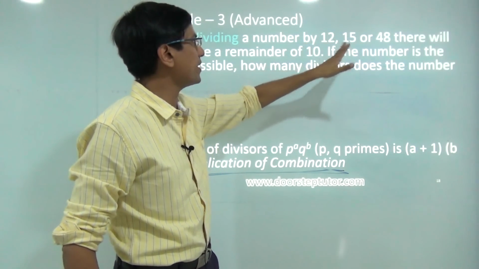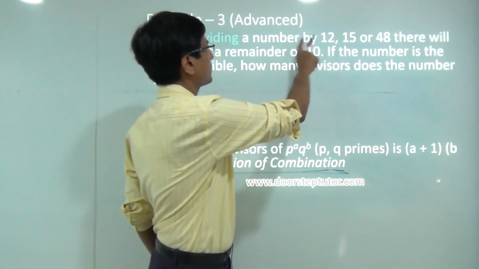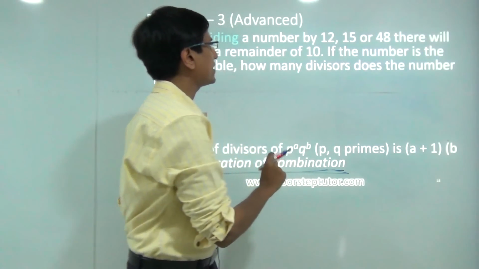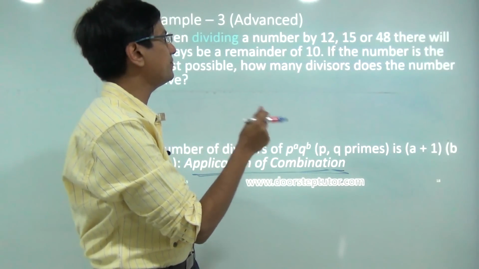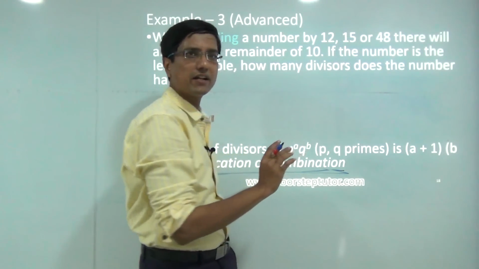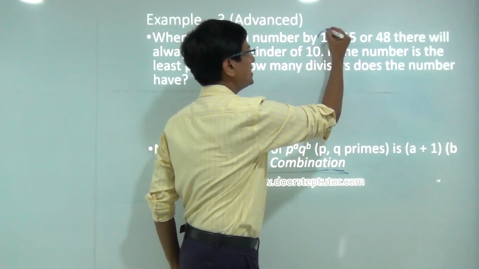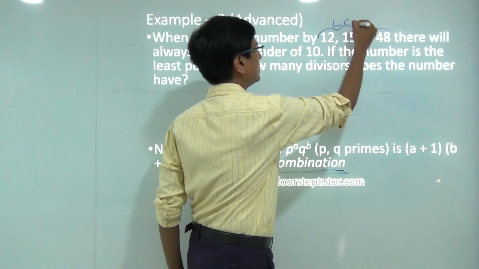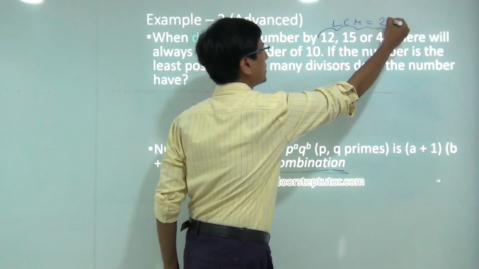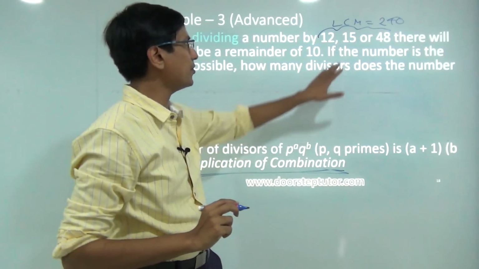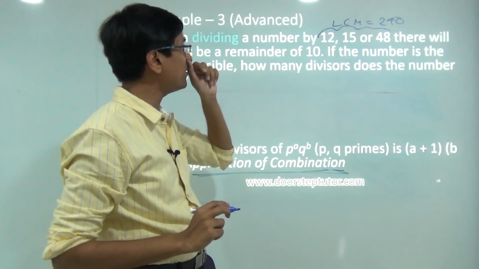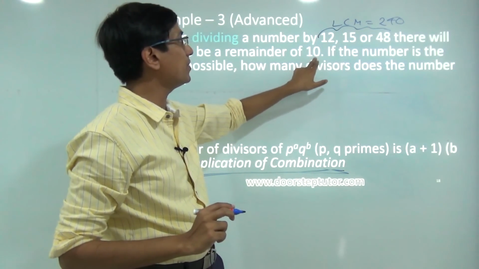So let's stop here. Let's try to find the number which, when I divide it by 12, 15 and 48, in each case leaves a remainder. So what is the LCM of 12, 15 and 48? It is nothing but 240. But I am not interested in the LCM. I have to find that number which leaves the remainder of 10.